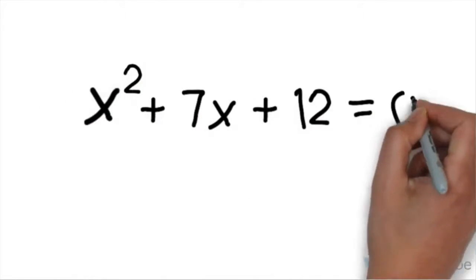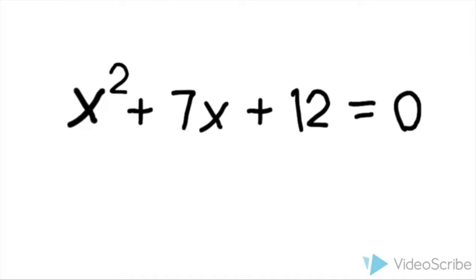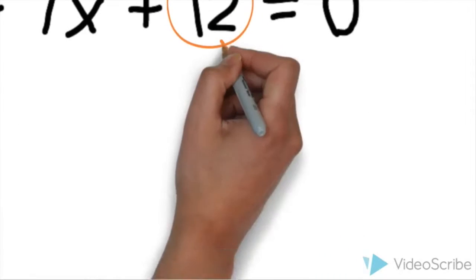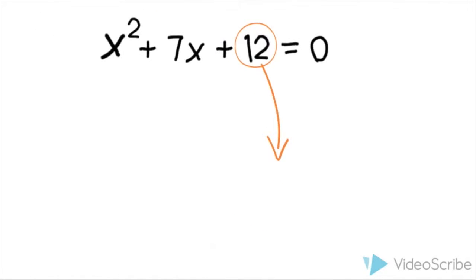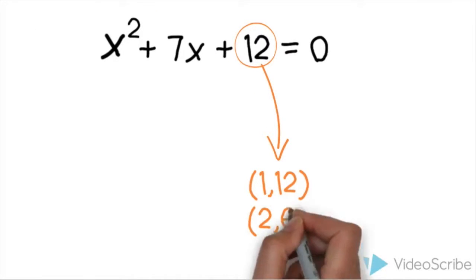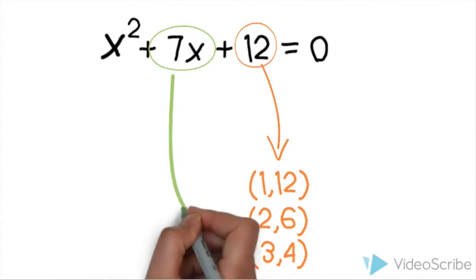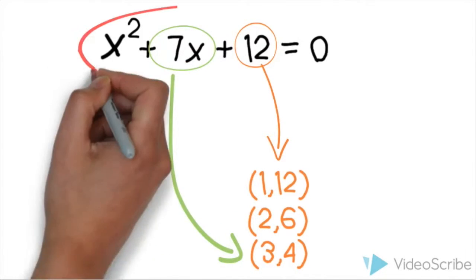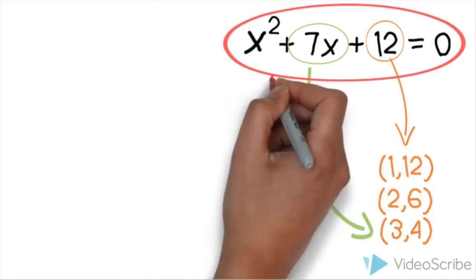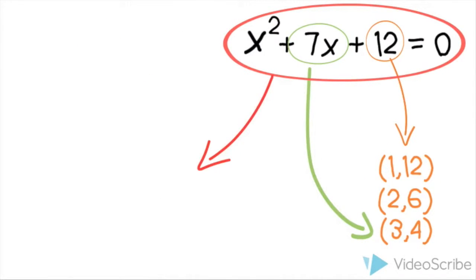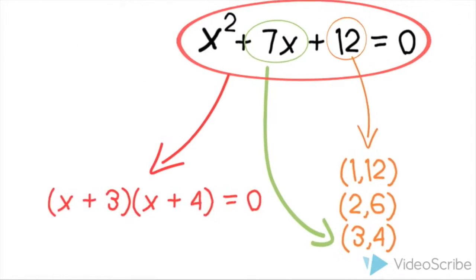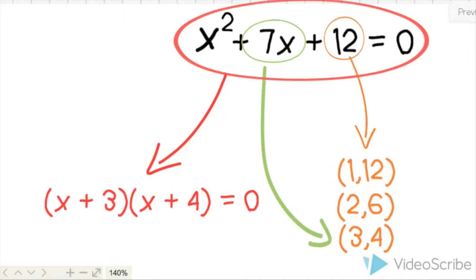Let's take x squared plus 7x plus 12 equals 0 as an example. The factors of 12 are 1 and 12, 2 and 6, and 3 and 4. The only pair that would sum up to 7 is the last pair, 3 and 4. Therefore, the factored version of the given polynomial is x plus 3 times x plus 4 equals 0.